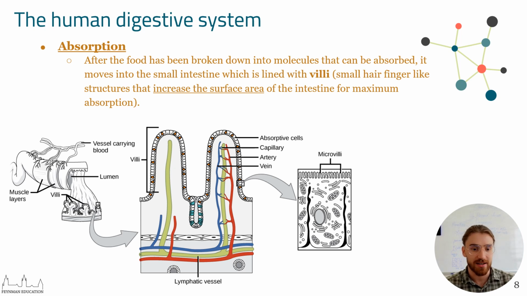There is a very small gap between the blood and the rest of the food that needs to be absorbed, and a very large blood supply that we mentioned earlier. These villi are then also surrounded further by microvilli, which are even smaller hairs, to maximize surface area and maximize contact with potential nutrients in the gut, and then absorb them into the bloodstream.